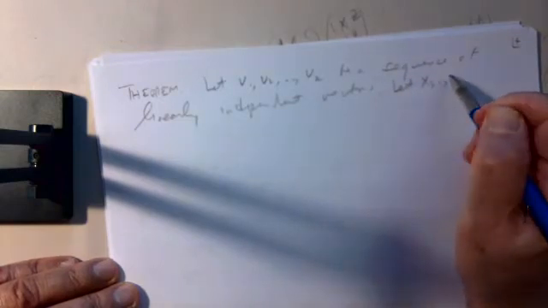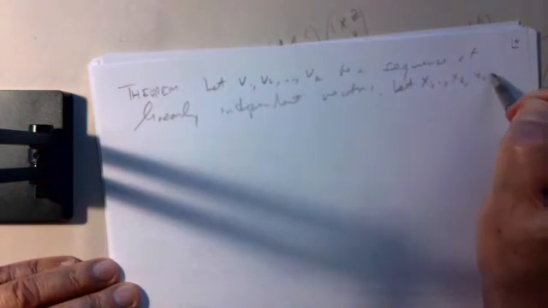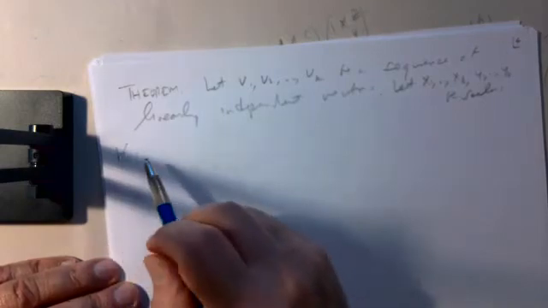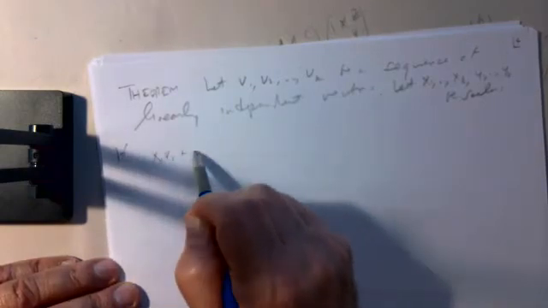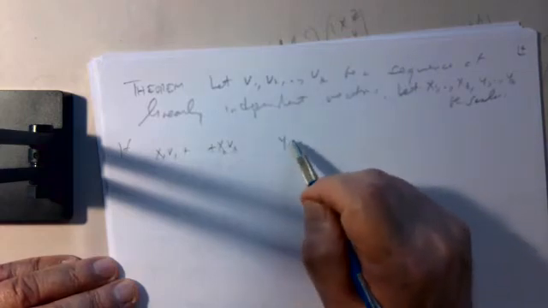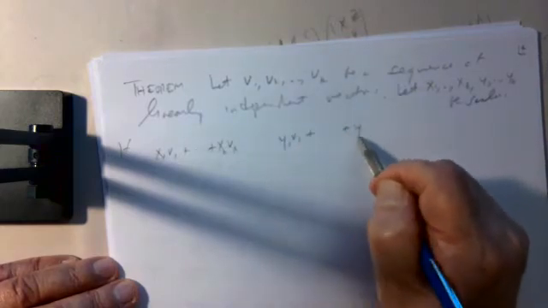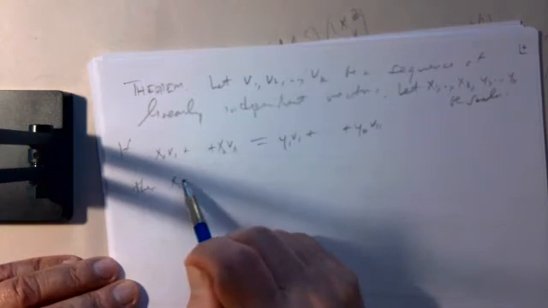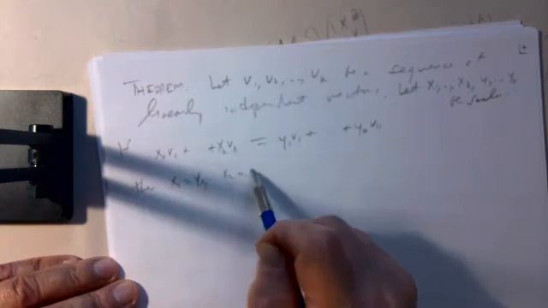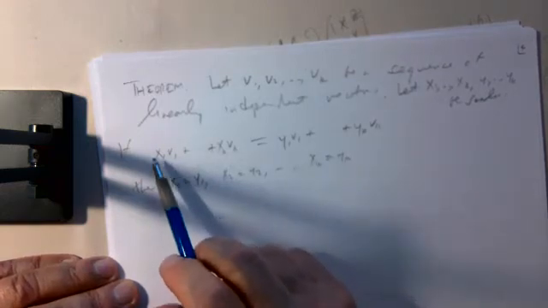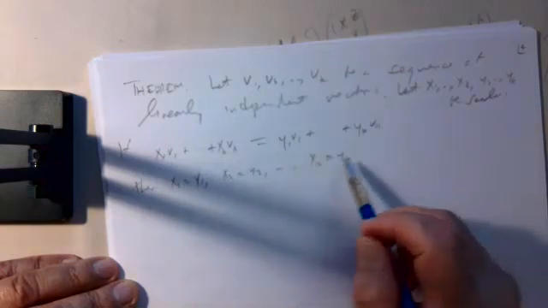Let x1 up to xk and y1 up to yk be scalars, numbers. Look at the linear combination x1 v1 up to xk vk. And look at the linear combination y1 v1 up to yk vk. If these are equal, then x1 equals y1, x2 equals y2, xk equals yk. That is, you have to have exactly the same numbers in the same positions on both sides of this equation.